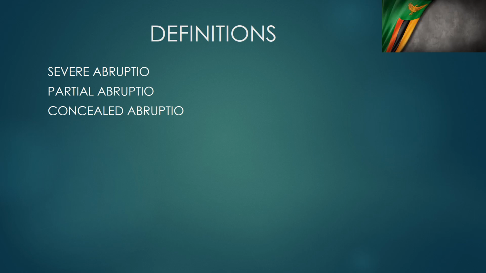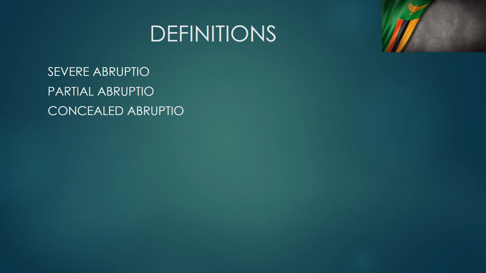So placenta abruptio is classified in different ways. The ones that I think of note is one where you classify it as severe and non-severe. So severe abruptio is a kind of abruptio where you have maternal or fetal compromise. So when you have a fetal death, you'd call the placenta abruptio severe abruptio.